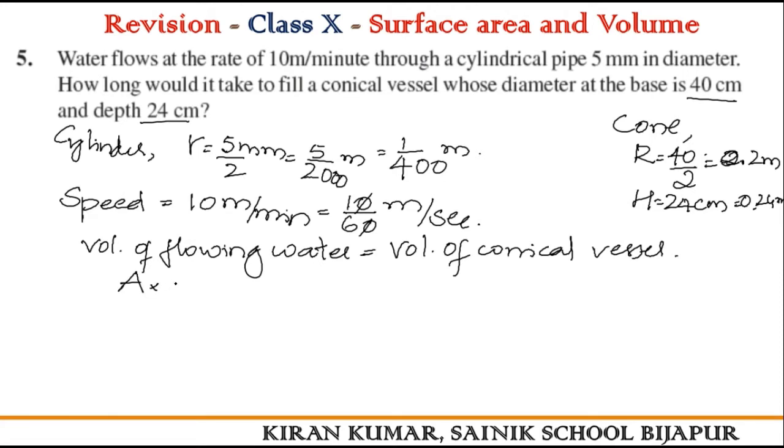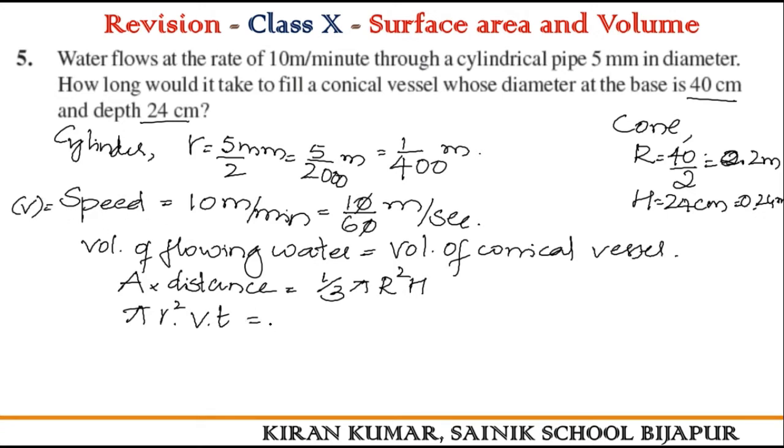Area of the base into the distance will give the volume. This will be equated to 1 by 3 pi r square h. Area is pi r square into v into t, where v is taken as velocity. This will be equal to 1 by 3 pi r square h.